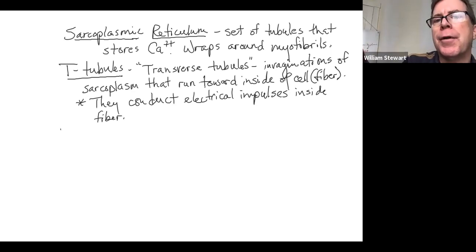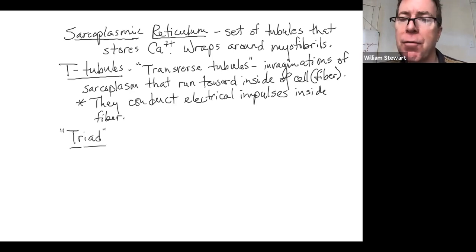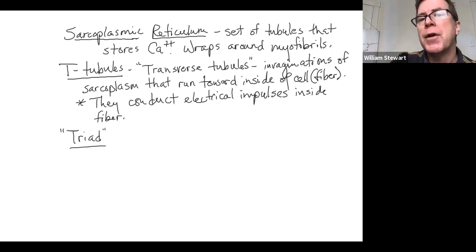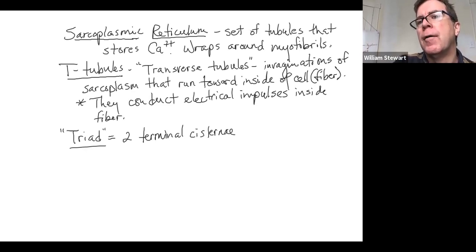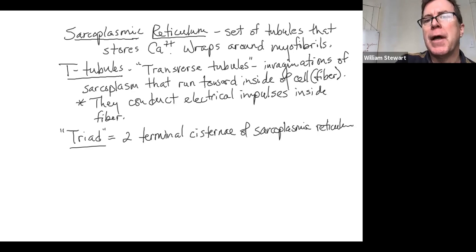And finally, the word triad. Tri means three. So triad just means there are three structures involved. A triad is two terminal cisternae of the sarcoplasmic reticulum plus one T-tubule.